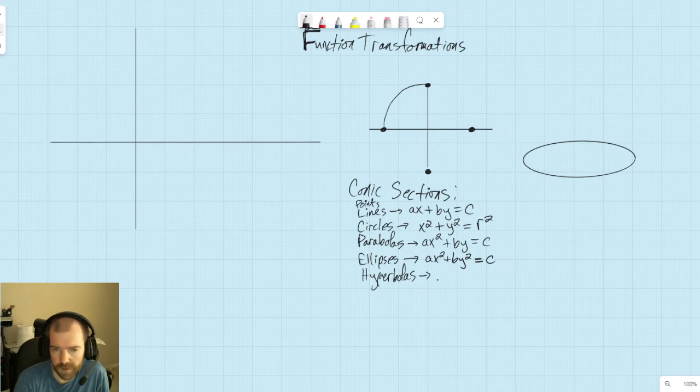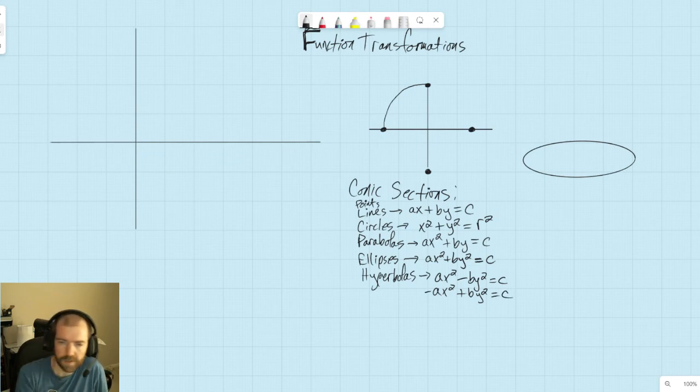And hyperbolas are ax squared minus by squared equals c, or negative ax squared plus by squared equals c, where for all these, a, b, c, and r are all going to be positive values.